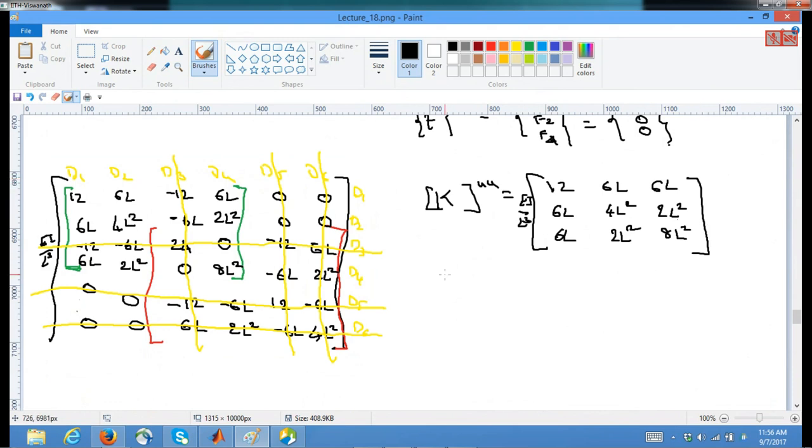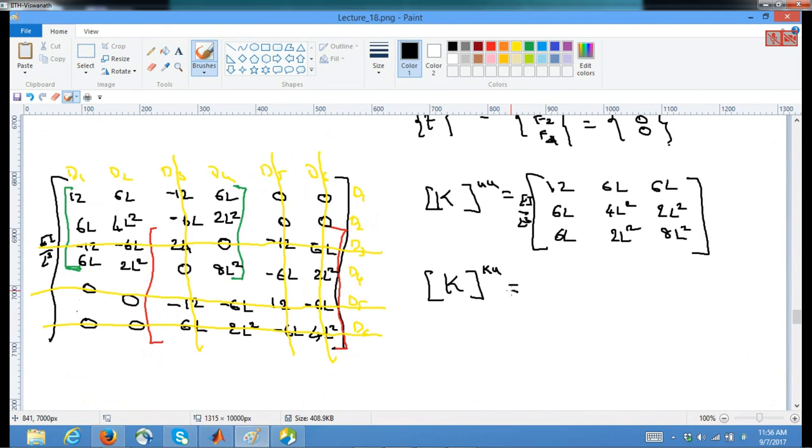And similarly KUK. That means the rows which are struck, and columns which are unstruck. So rows which are struck are these, and the columns which are unstruck are these three.